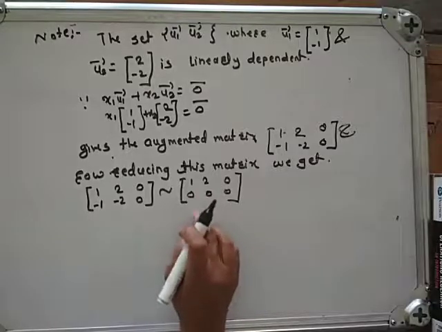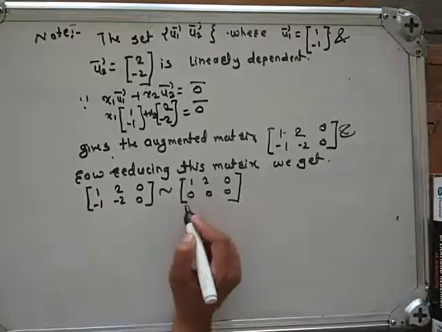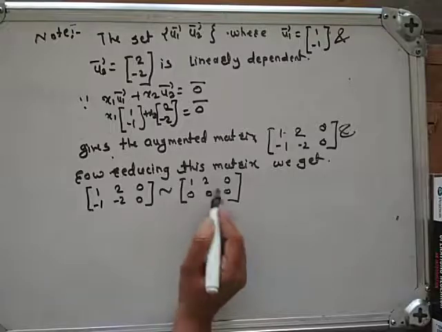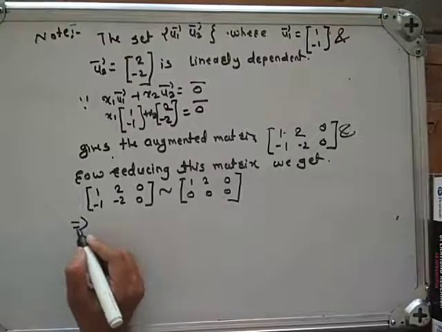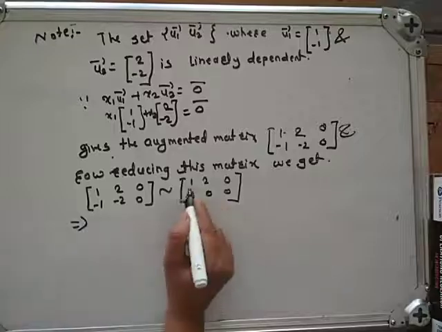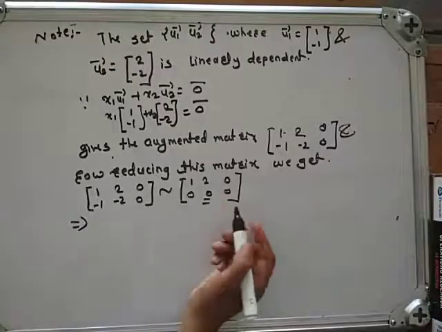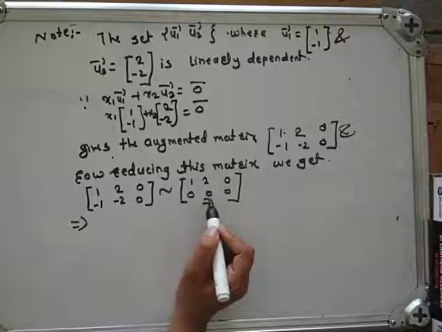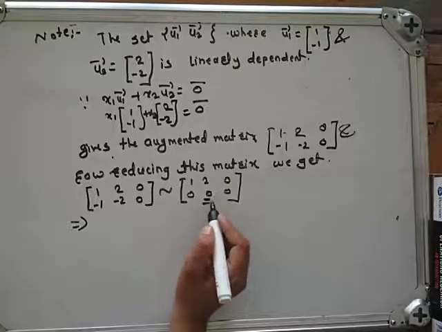Okay. What does this matrix imply? That implies the second column has no leading one or no leading entry.